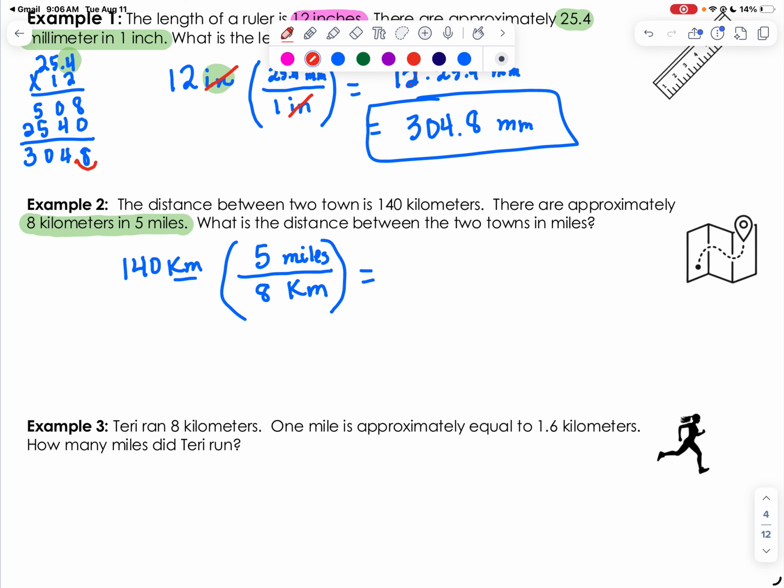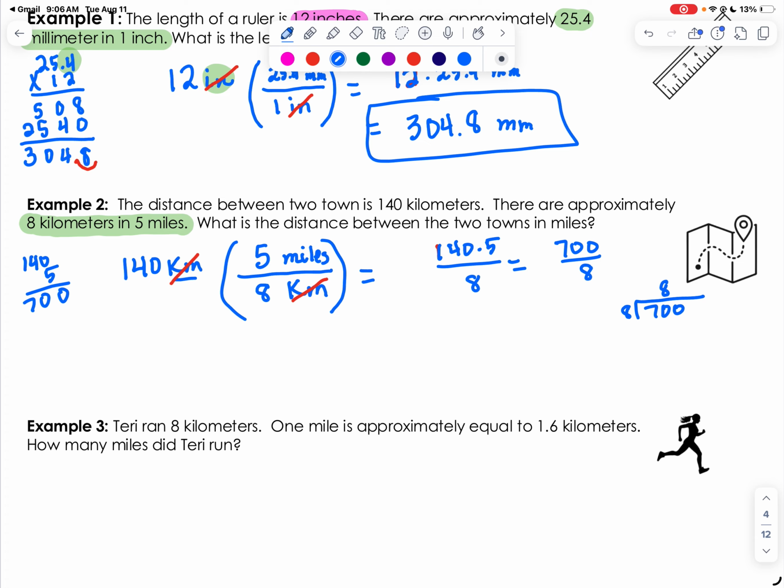Now I'm going to cancel the kilometers with the kilometers, and what I'm ending up with here is 140 times 5 divided by 8. So 140 times 5, 20, would be 700 divided by 8. So let's see how many times 8 will go into 700.